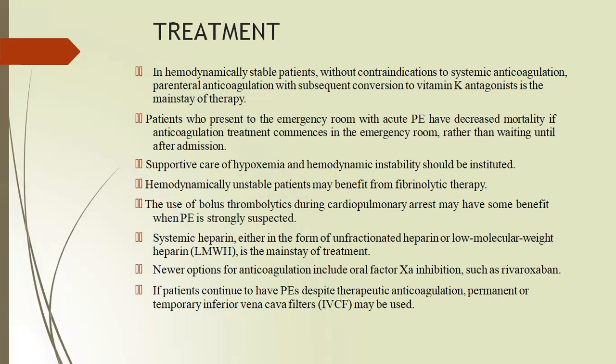Newer options for anticoagulation include oral factor Xa inhibitors such as rivaroxaban. If patients continue to have pulmonary embolisms despite therapeutic anticoagulation, permanent or temporary inferior vena cava filters may be used. Thank you.